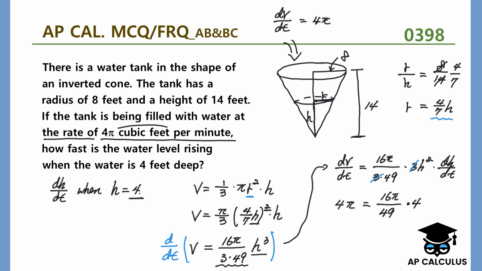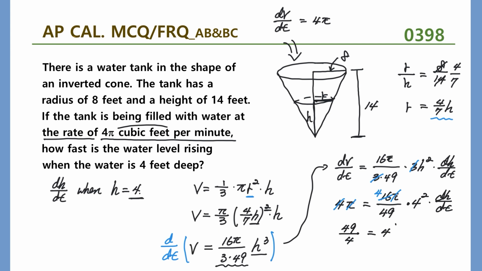So 4 squared here times dh over dt. Let's simplify this. We eliminate pi, 4 times 1, 4 times 4, so that's going to be 49 over 4 is equal to 4 squared, or 16, times dh over dt.